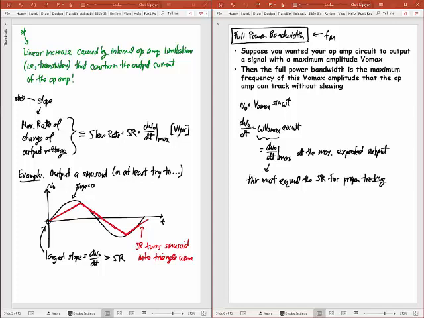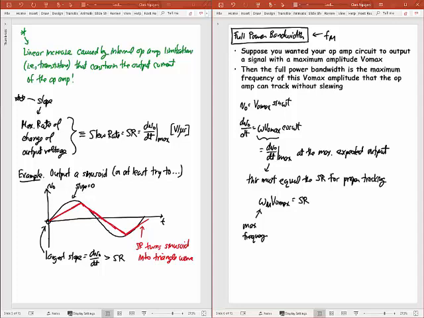Okay, and so I can then write an equation here. That means the maximum frequency, which is what's defined as my full power bandwidth here. This maximum frequency times V out max has to be equal to the slew rate.